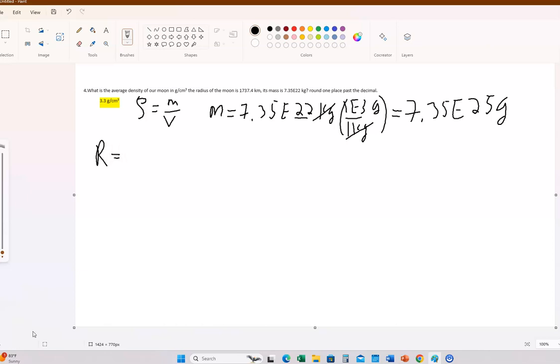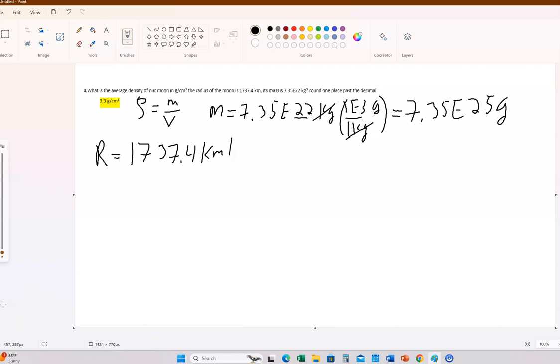The radius of the moon in this case is 1,737.4 kilometers. Now I'm just telling you that this is a much simpler way of doing this. I'm going to do the steps, but basically to change it to centimeters, you just say times 10 to the fifth. That's it.